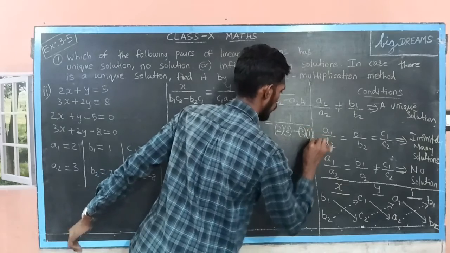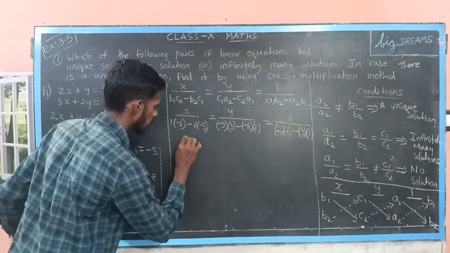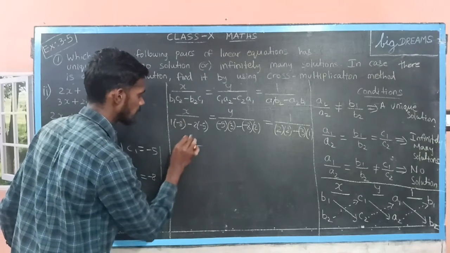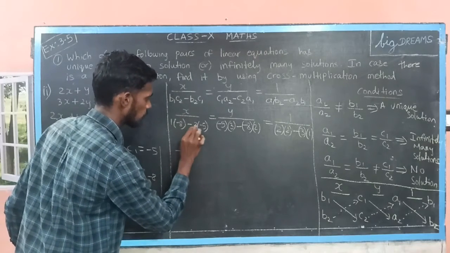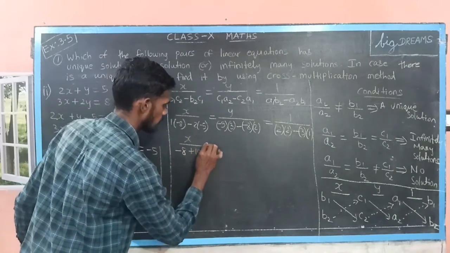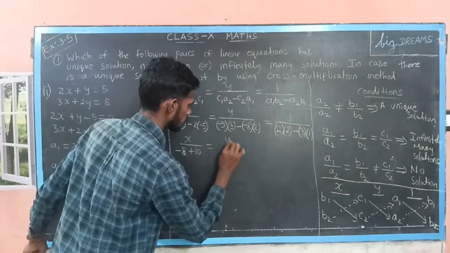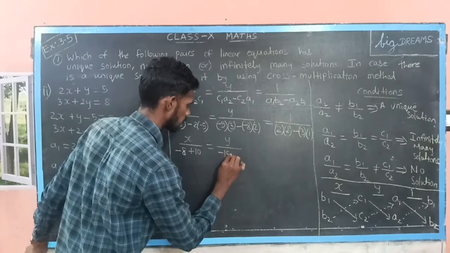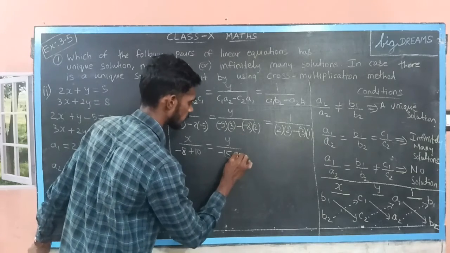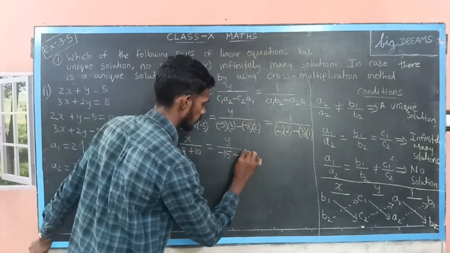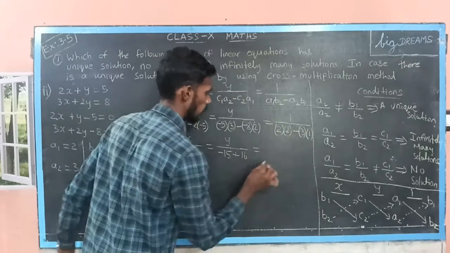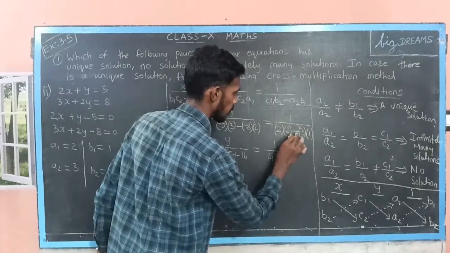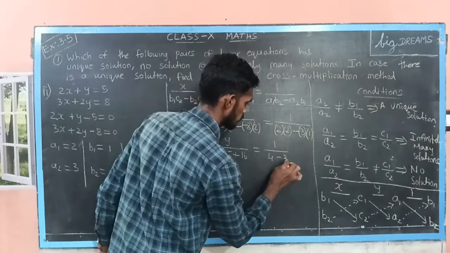Now simplifying: x divided by 1 into minus 8 is minus 8, then minus into minus is plus, 2 5s are 10, is equal to y divided by minus 5 into 3 gives minus 15, then minus into minus is plus, 8 2s are 16, is equal to 1 divided by 2 into 2 gives 4 minus 3 into 1 gives 3.